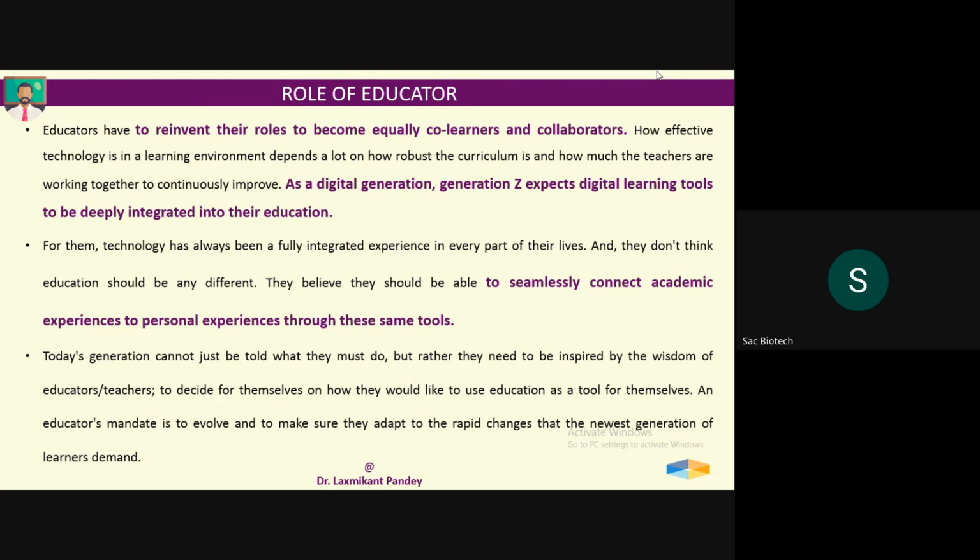Similarly, it is affecting the education system in the same way. Because of that, it is very important that the educator or teacher should be a co-learner. Whatever demanding technologies are coming nowadays with respect to education, he needs to become very familiar with those, or experience those technology tools in a very effective manner. Then only can he disseminate the information among the students, cope with today's generation Z, and in this way effectively give the information.